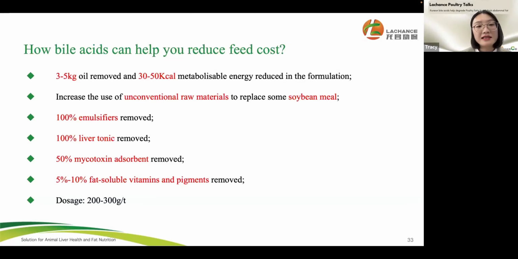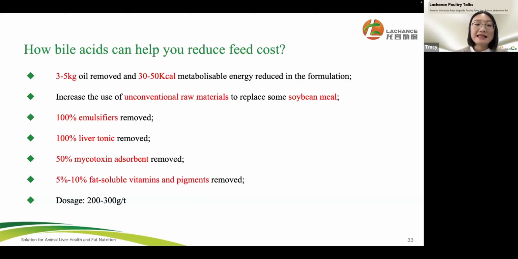And also increase the use of unconventional raw materials, I mean some cheaper protein-rich raw materials, to replace some soybean meal, because we all know that the price of soybean meal is really high all over the world.